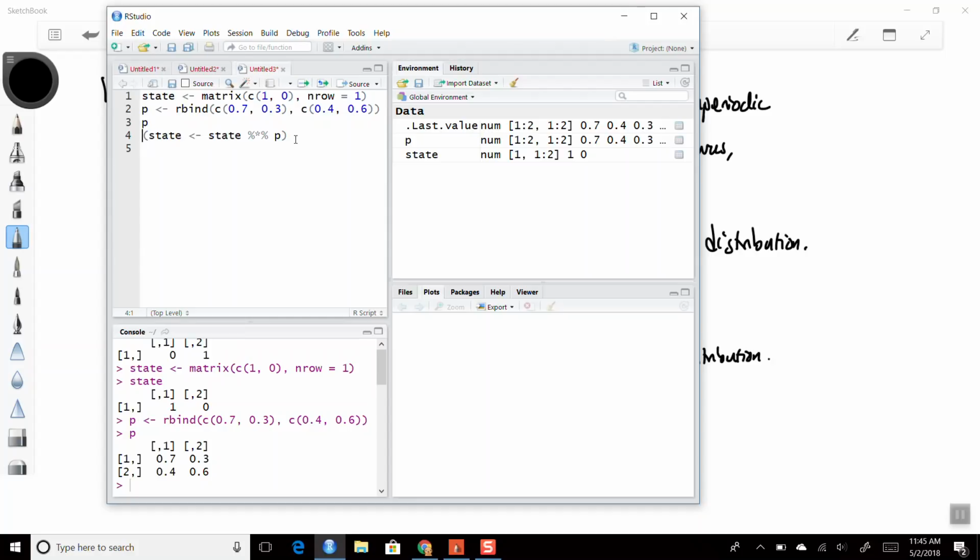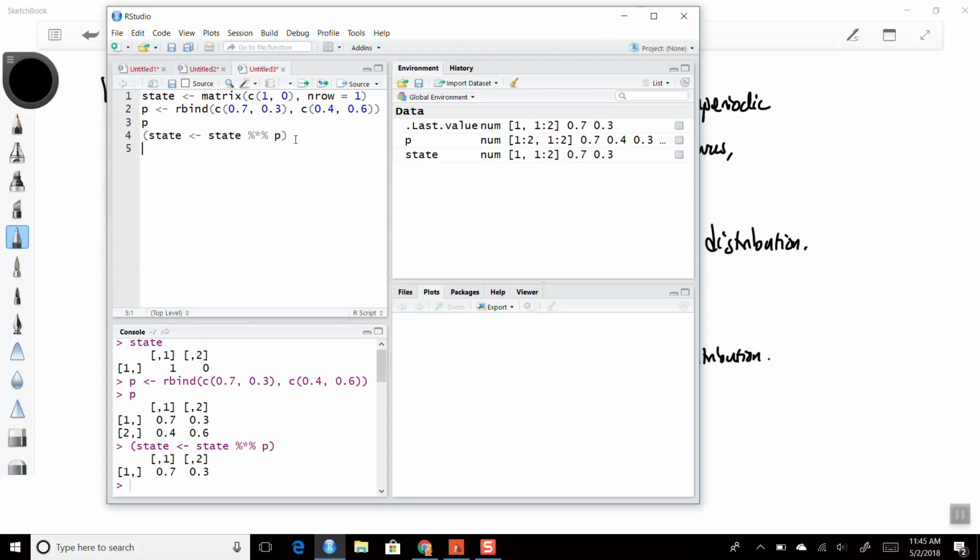So exactly what we expected. If I start off with 100% at A, then after going through the transition, 70% will end up back at A and 30% will end up at B.